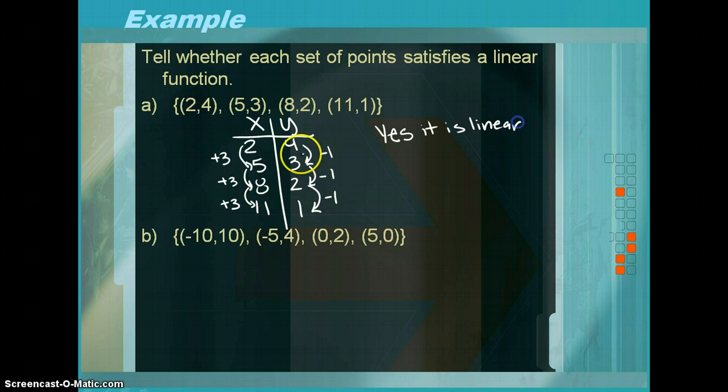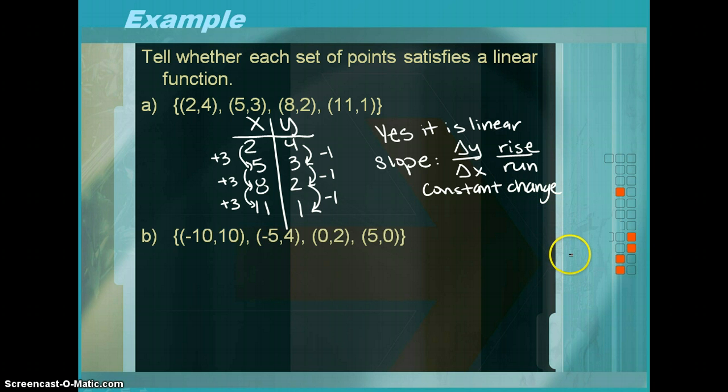The reason why this is so important is because of slope. Slope is the change in y all over the change in x, or as some of you may know it, rise over run. It's also a constant change. So from point to point, it has to remain the same.